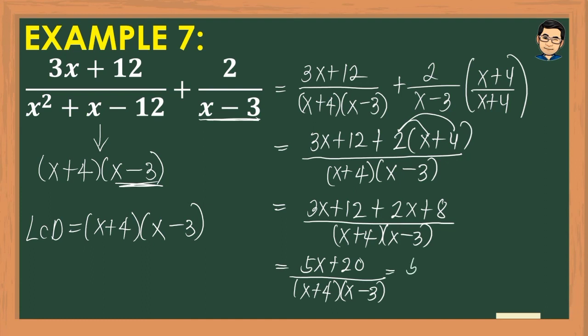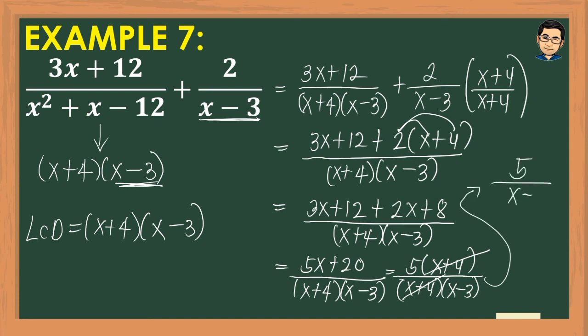So, magiging 5 times x plus 4 all over x plus 4 times x minus 3. So, doon, pinactor po natin is because meron po tayong pwedeng i-cancel. So, that is x plus 4. So, our final answer, so sulat ko na lang po dito yung ating final answer, 5 over x minus 3.